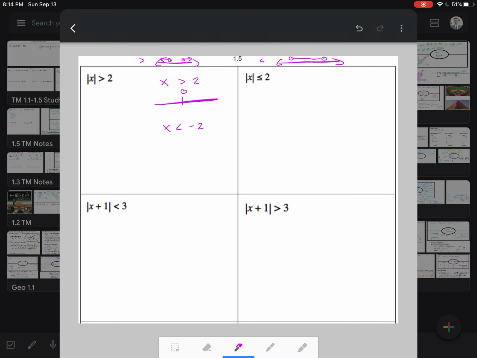I'm going to graph that up top. And then x is, and I'll draw it on the same number line here to be more consistent, x is less than -2, so going to the side, so a union interval. Again, we've seen a few of these now in this video already. And again, start and end points, keeping consistent, making sure I'm carefully using my intervals. So you're going to see that there.